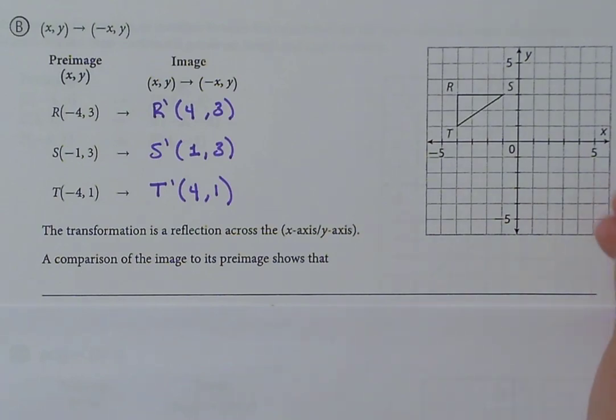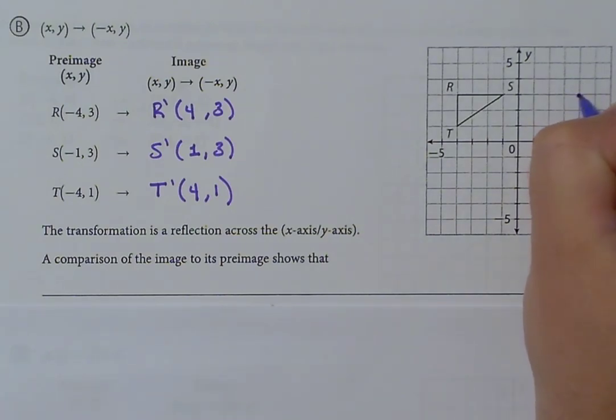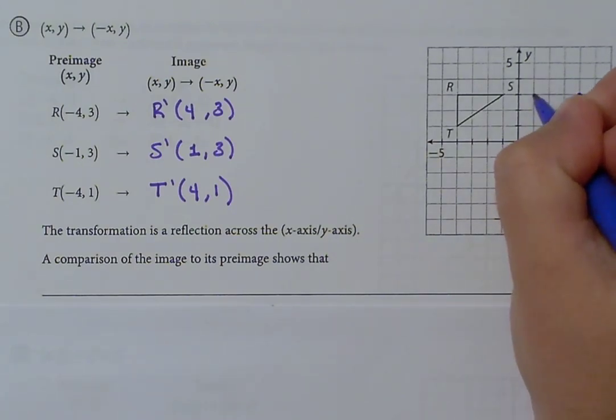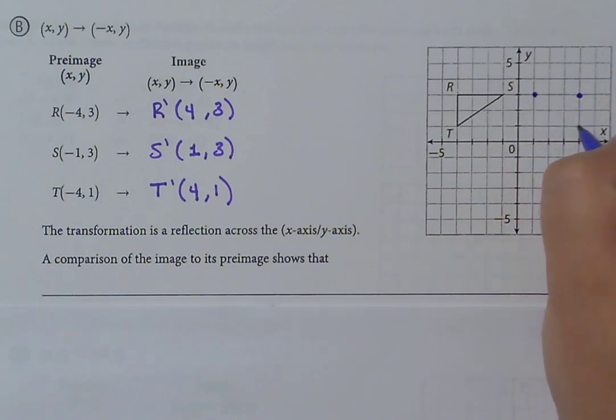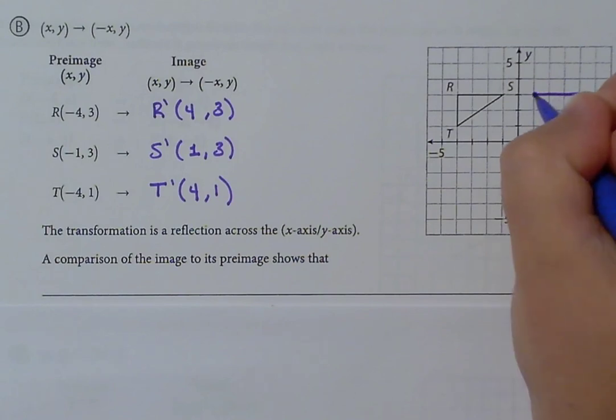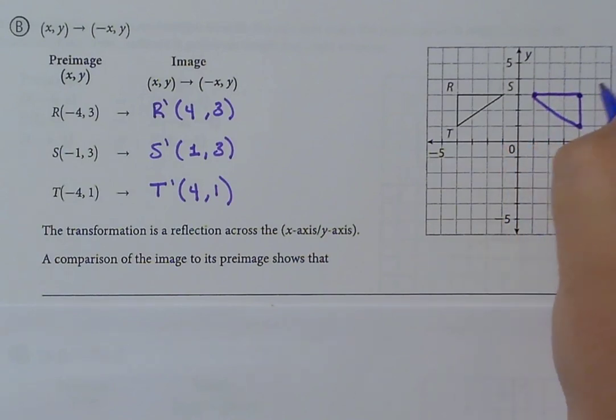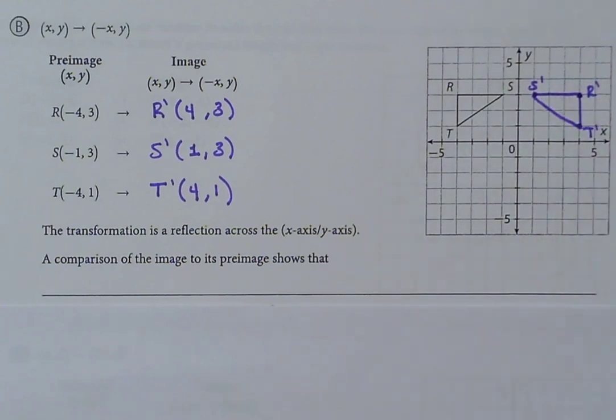And if I go through and plot these real quick, so we have triangle r prime, s prime, t prime. It's going to look like that.